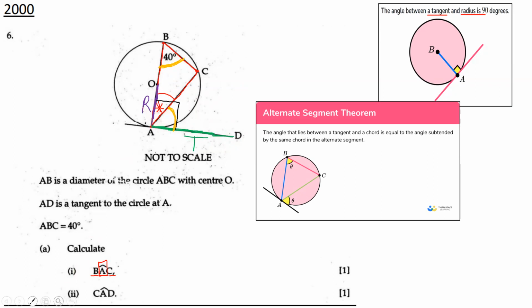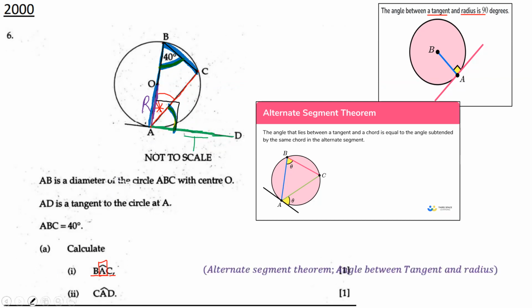And if we look carefully, this angle is indeed subtended by this chord. So angle 40 is subtended by the chord AC, all right? So that means that if this is 40 degrees, this one must also be 40 degrees as well.